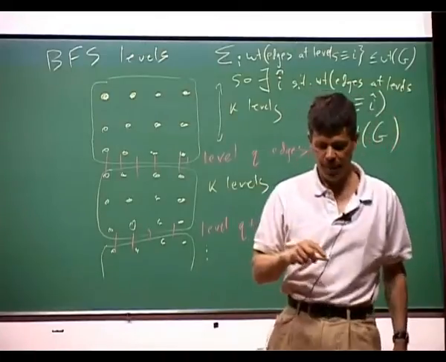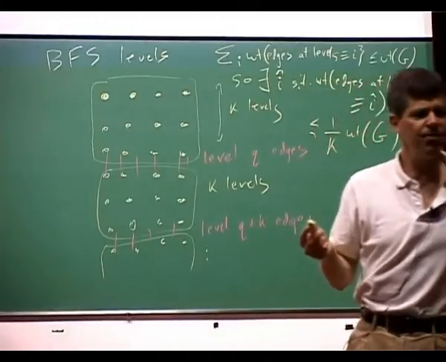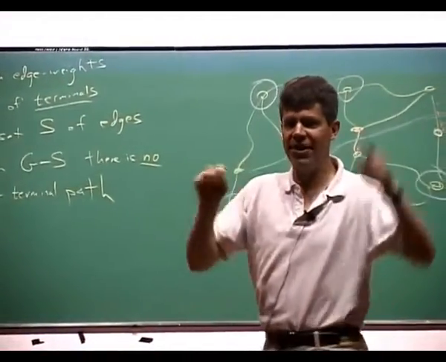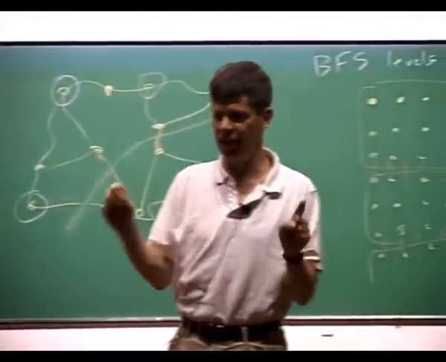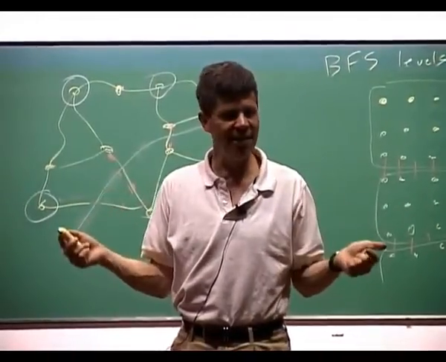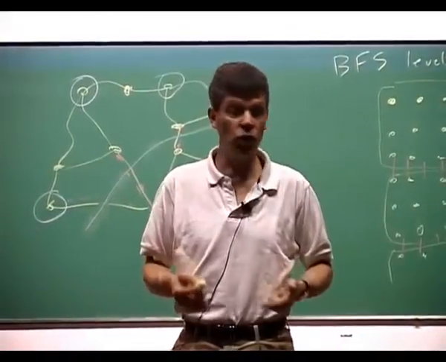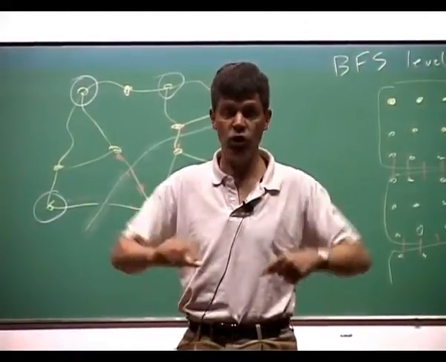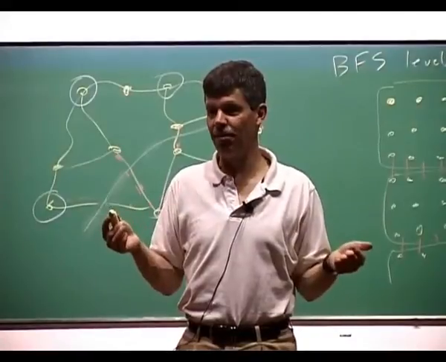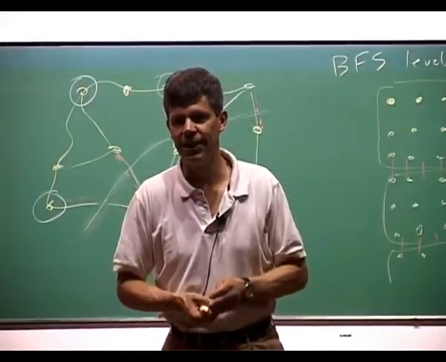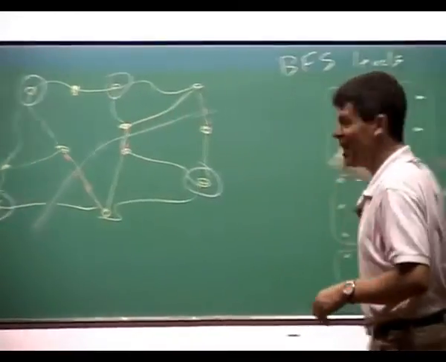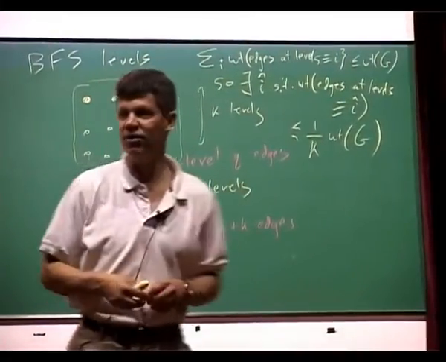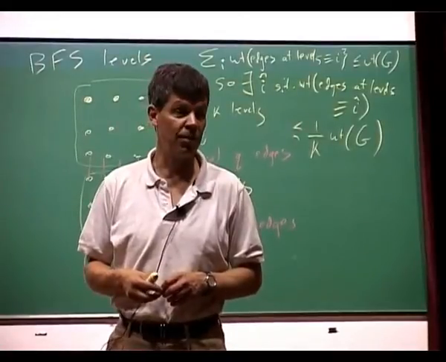Now, is that going to be enough? Remembering, the set of edges crossing the partition is the set of edges that we're going to add to the solutions, so it's going to increase the weight of the solution. And we want the weight of the increase to be epsilon times opt. All right, well, it's not immediately clear that we can choose k so that 1 over k times the weight of G is at most epsilon times opt.